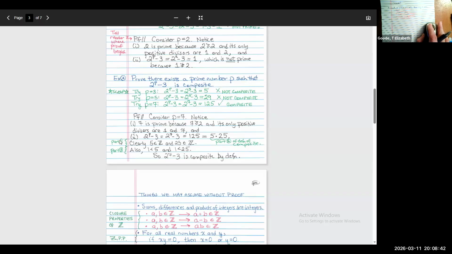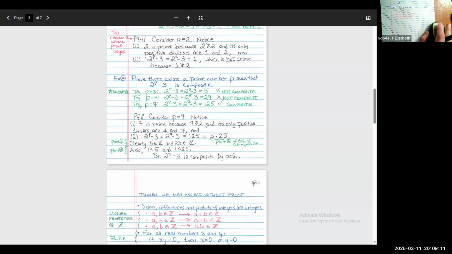That's part 1 of the definition of composite, that we're picking integers a and b. Showing that 125 is a times b is part 2 of the definition of composite. And the third part is just to say, hey, 1 is less than 5 and 1 is less than 25. So both a and b are larger than 1. So 2 to the 7th minus 3 is composite by definition of composite.